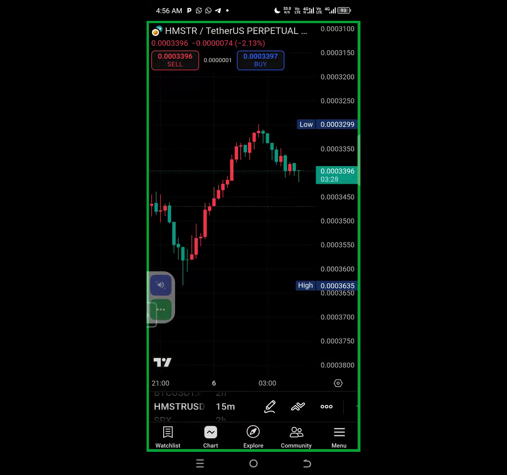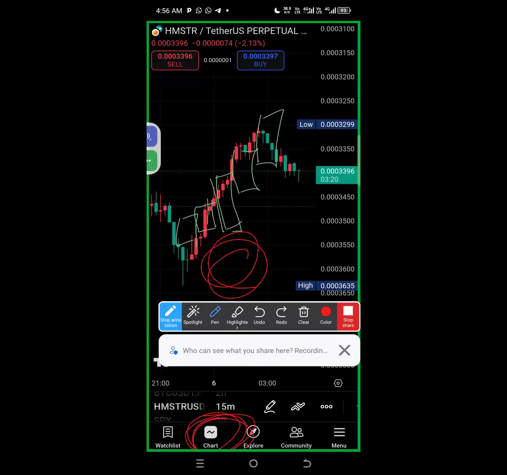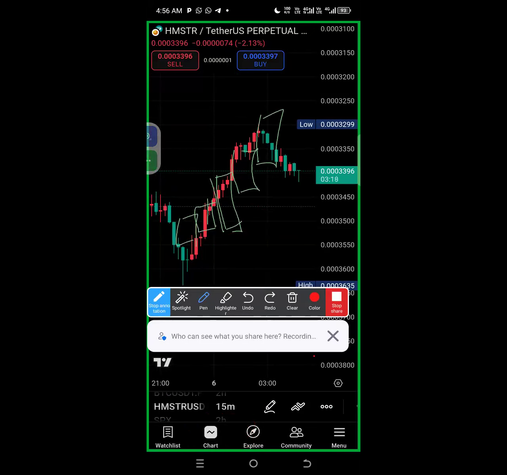Now after clicking on chart, the next thing you are going to do is to add the various indicators you would love to use. First, let me wipe off this. Now you click on the settings.